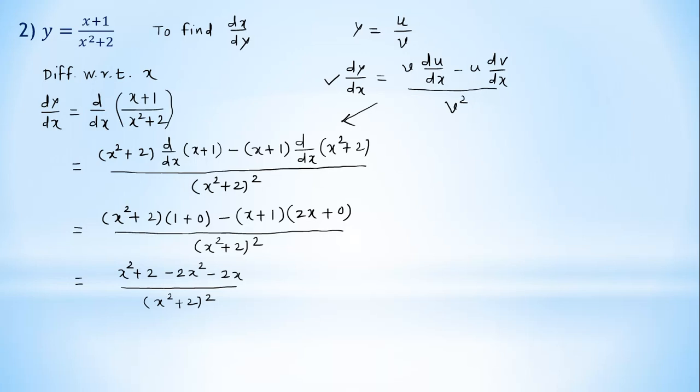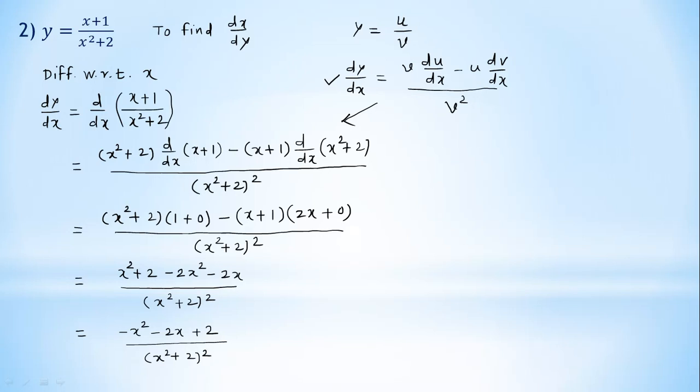Okay, so what will you get after this? See, this is x square, this is minus 2x square, so you will get x square minus 2x square, means minus x square, then minus 2x and plus 2, upon x square plus 2 bracket square.